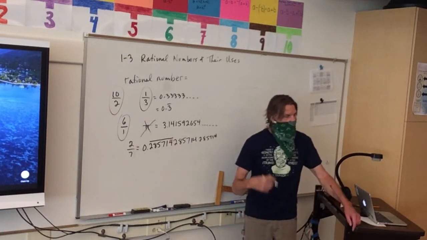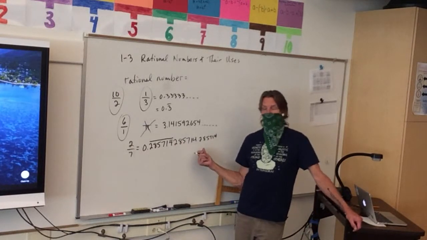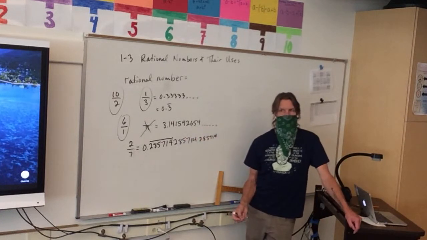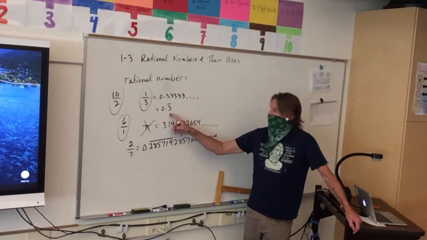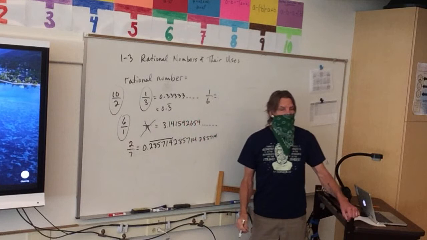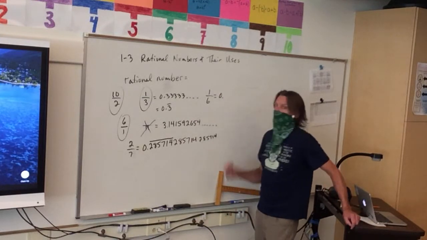So that makes it rational, because we have this repeating pattern that goes forever. Instead of with pi, there's this, who knows what it becomes. We can predict with this. Do 1/6. What do you get?